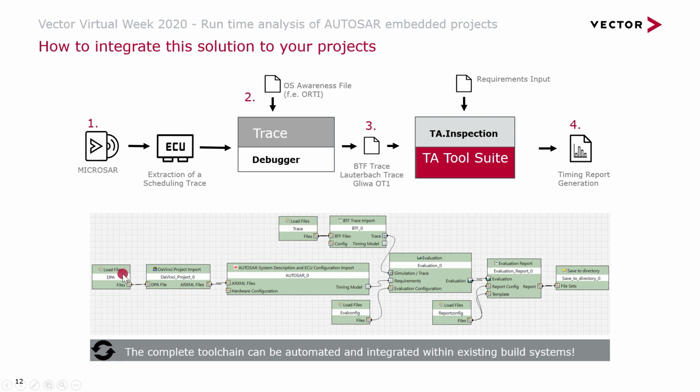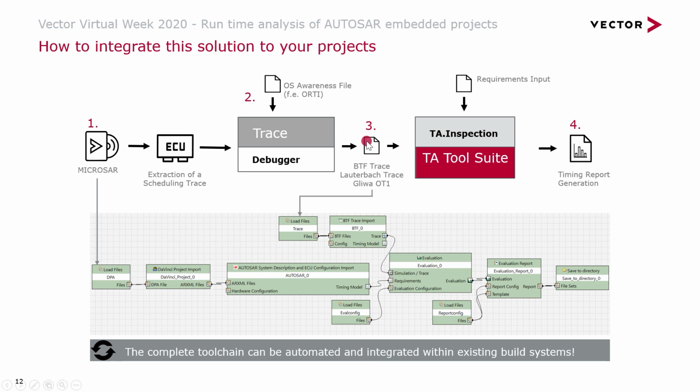And in the timing architecture tool suite, we have workflows. Within the workflows, we have these green boxes, and they are so-called job nodes. And every one of these job nodes is a GUI interaction, which can also be conducted manually, but on the basis of the job nodes, you can automate it. And what this example is doing, first, it gets the DPA file from the DaVinci configurator, and from there it gets all the system descriptions and the ECUs, and then it generates a timing model where you can set the requirements.